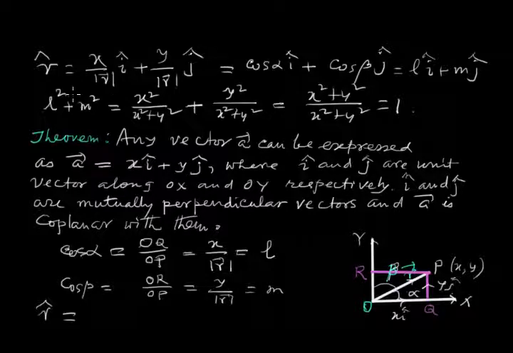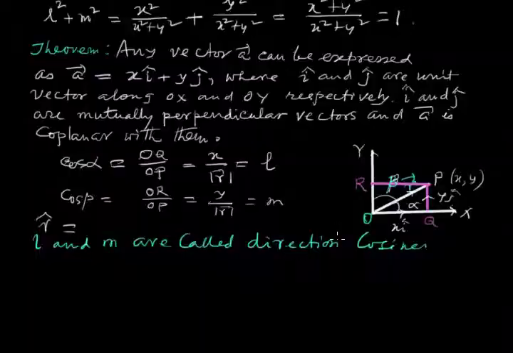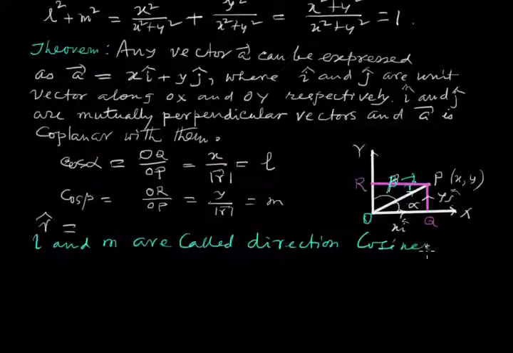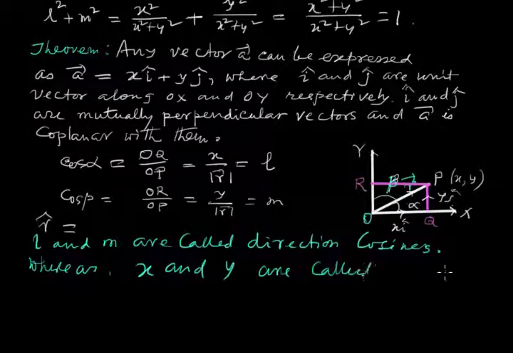This l and m are called direction cosines, whereas x and y, if they are in simplest form, are called direction ratios.